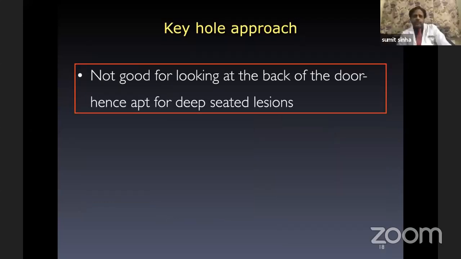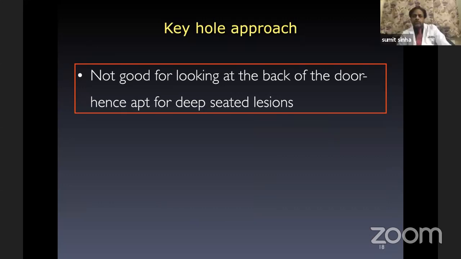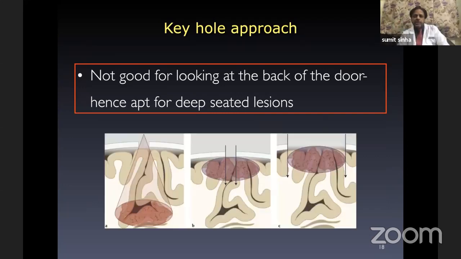Another characteristic of this keyhole is that it is absolutely not possible to visualize the areas lying immediately behind the keyhole. Meaning, for lesions lying on the surface, keyhole surgery is not possible, and you have to make the opening in the skull at least as big as the size of the lesion.